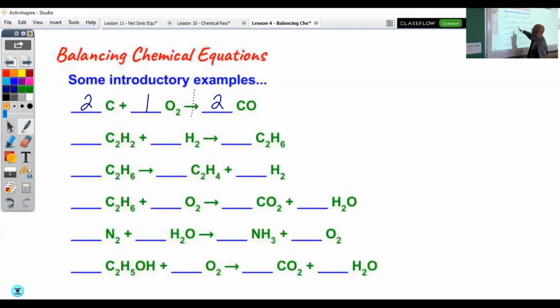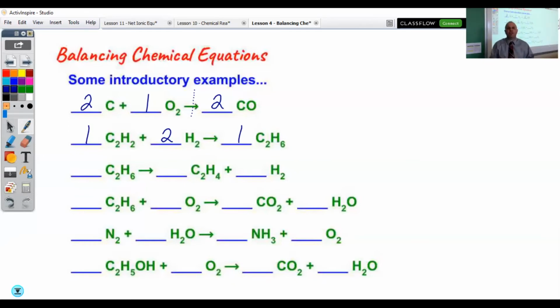So in order to get up to 6 hydrogens on the left side, the only thing that I need to do is to put a 2 here. Now I have 2 hydrogens plus 4 hydrogens for a total on the left side of 6 hydrogens, and I have 6 hydrogens over here. I didn't change carbon, so I still have 2 here and 2 here. So I can fill in these with 1s once we're done, or you could just leave them blank.